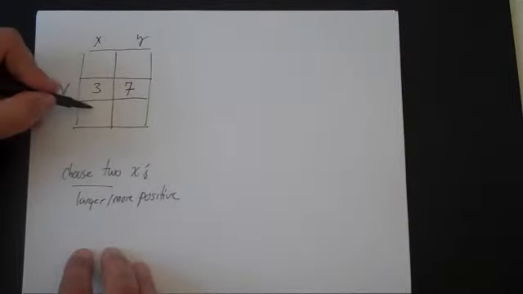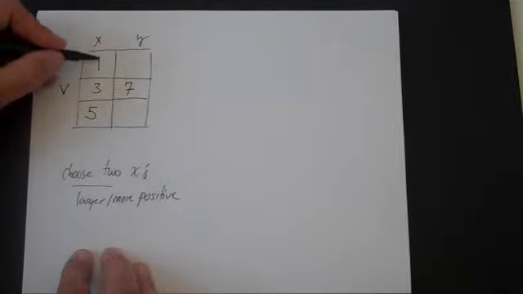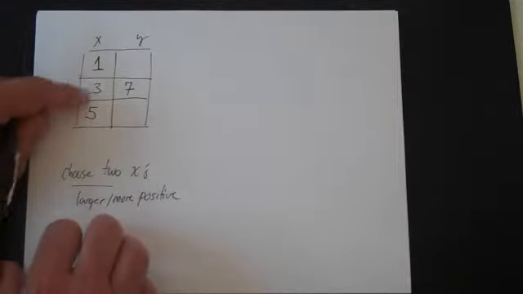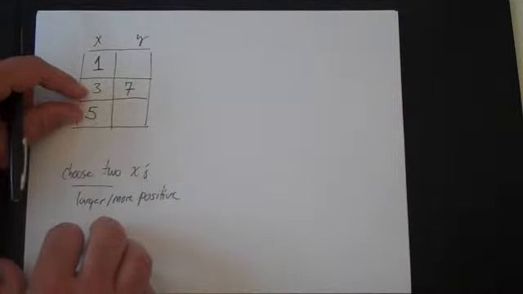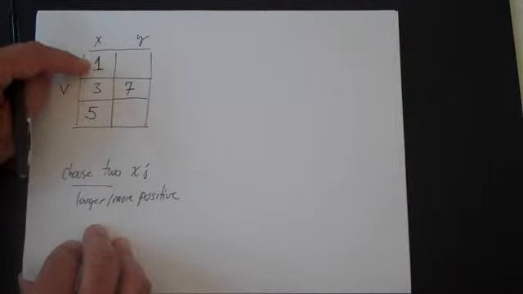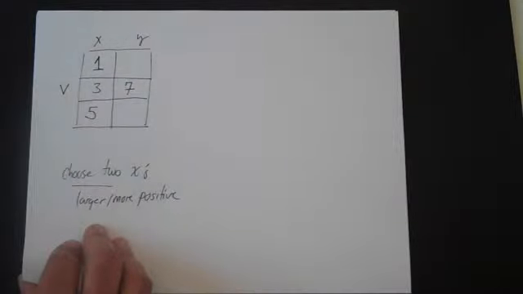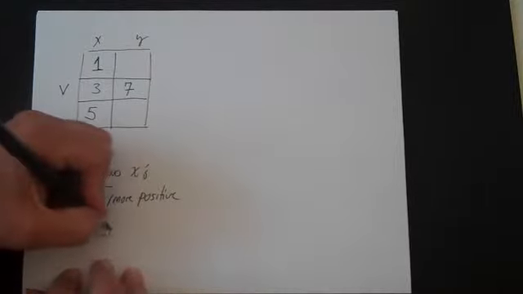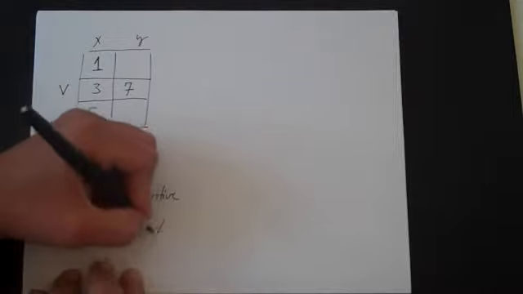So let's choose 5, and let's choose 1. I chose the 5 at random. I just didn't want to choose a number bigger than 3. But once I chose 5, 3 to 5 is 2 units, so I want to go back 2 units. You don't have to do that, but that gives you some symmetry and a better sense of what the graph looks like. And now, once you choose the x's, you plug in the x's to find the y's.